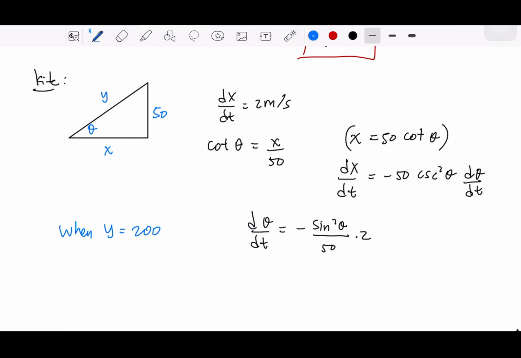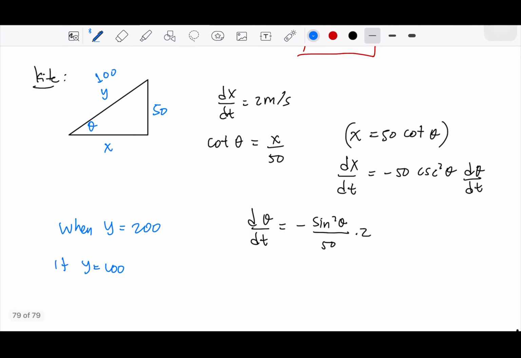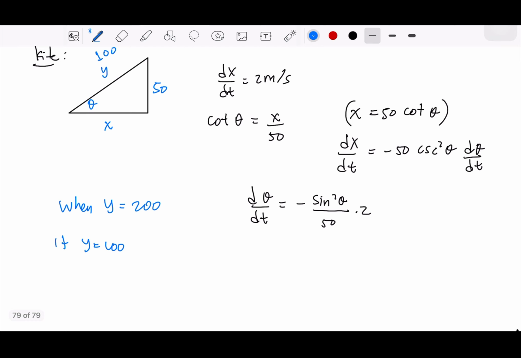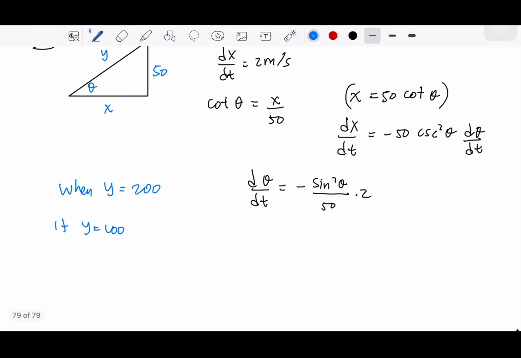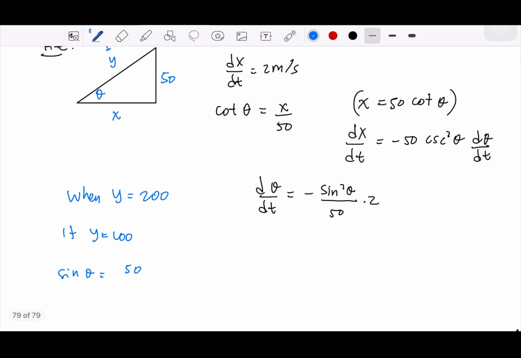So if y is 100, then sine theta will be 50 over, or maybe we could write with 200 first.